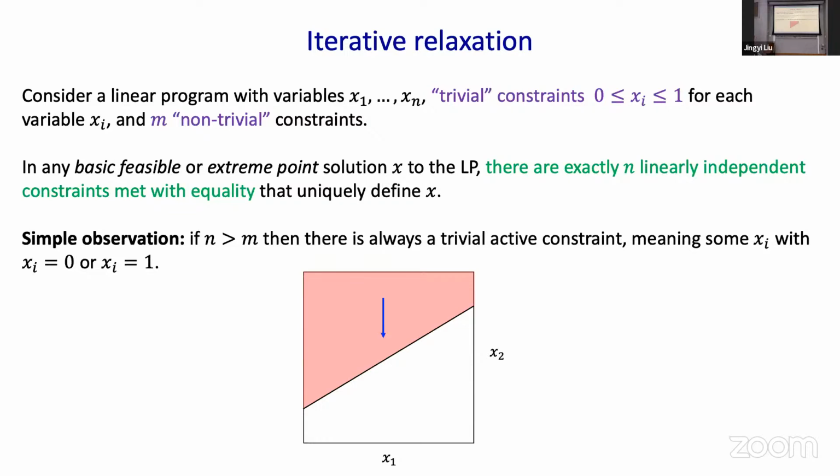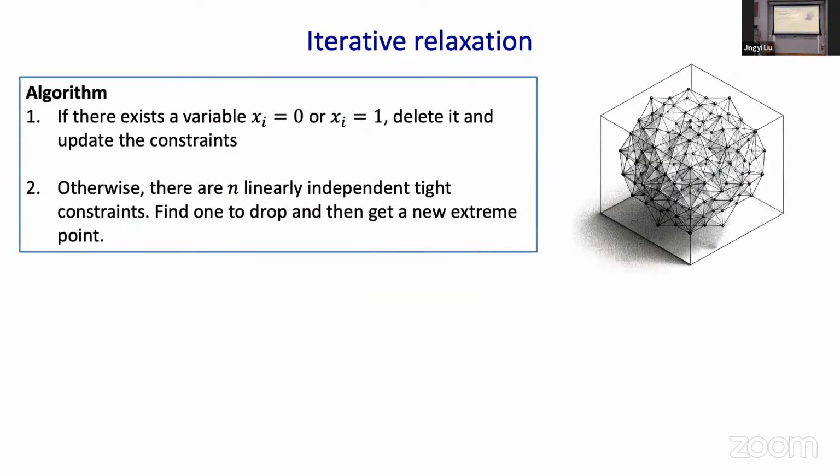And now if we optimize over this polytope, we're going to get some vertex which intersects a box constraint. In other words, whenever this criterion holds, there's always going to be some variable set to 0 or 1. And this simple idea is the basis of the technique of iterative relaxation.